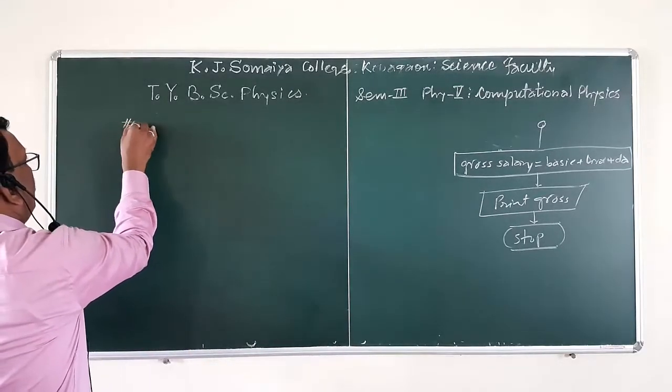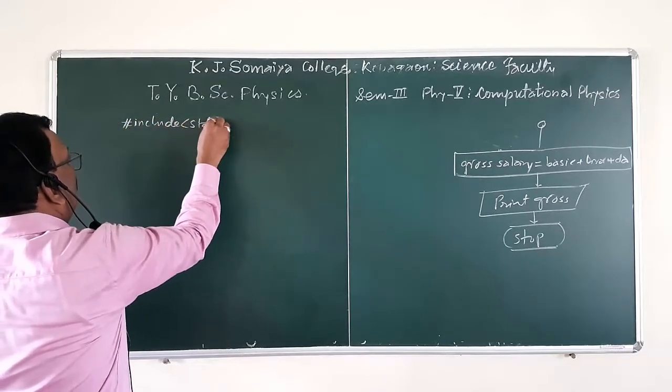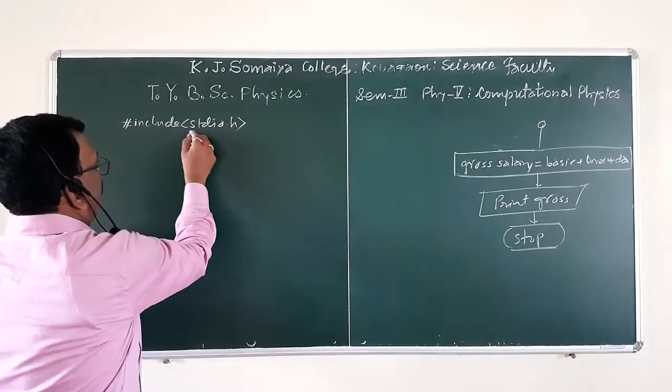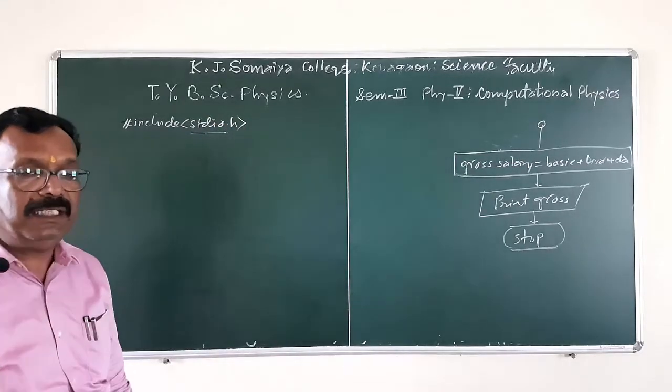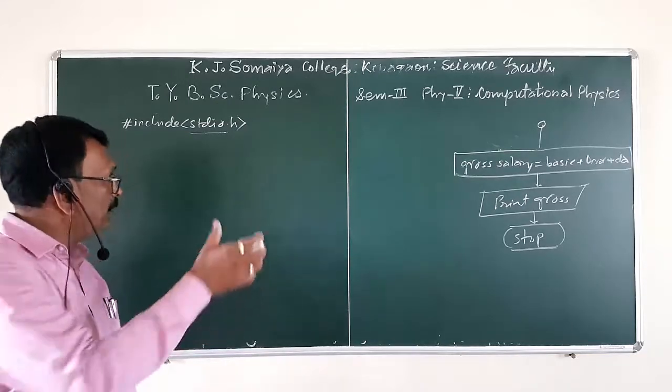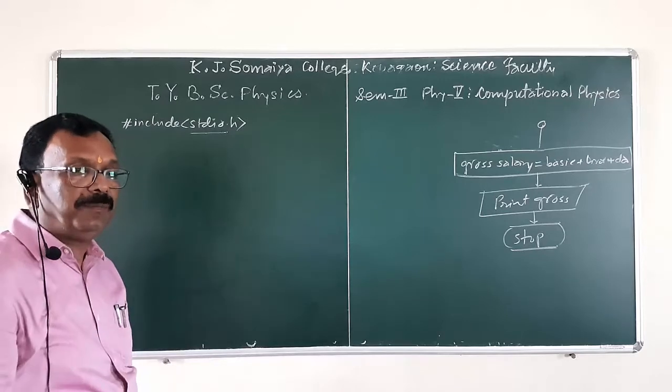As usual, include stdio.h. This is the standard input header file which is always in the C library, and the compiler brings this file and puts it on the current path.